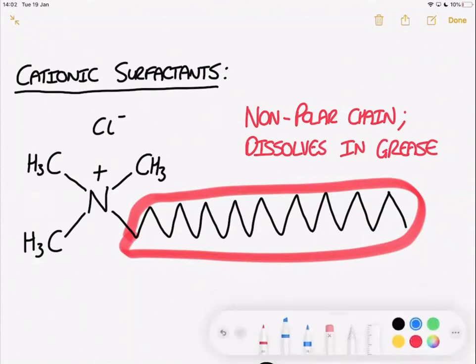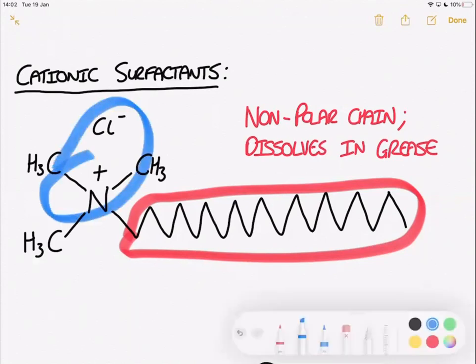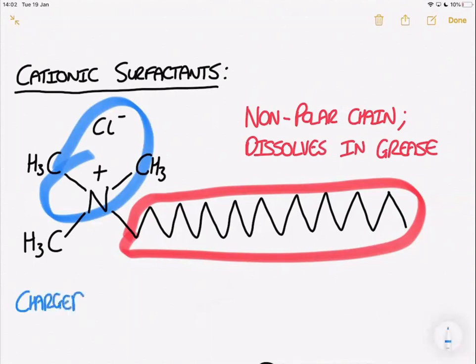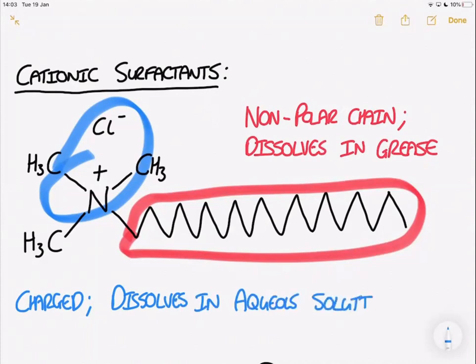This section is charged. You've got a positive and a negative ion. It's very much not non-polar, because of the plus on the N and the minus on the halide ion. And that's going to dissolve in the aqueous portion of whatever it is you're trying to clean.